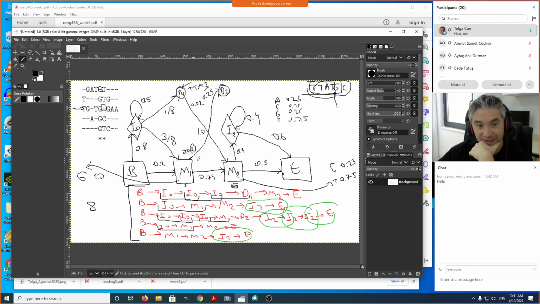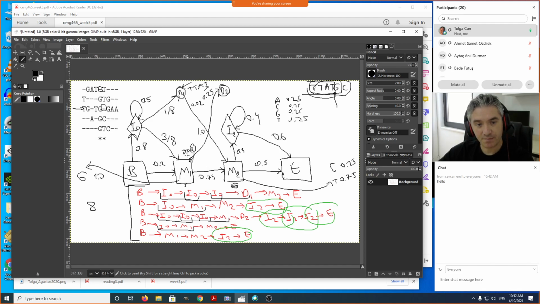which means that this last T is observed at M1, which means if we have visited M1 last, the last symbol that you observe has to be emitted at M1. So what I'm basically saying is that in order to figure out the best path that ends at M2 and the last symbol is G, you need to compare these two things.